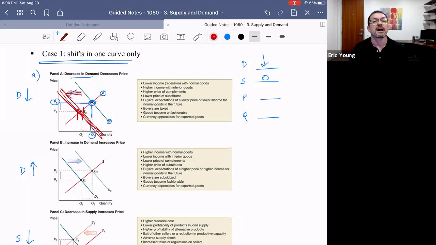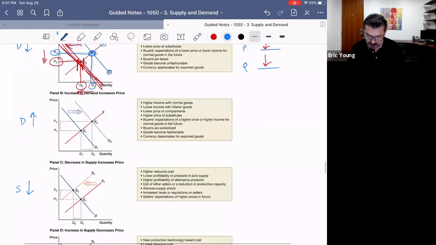Remember, supply and demand form equilibrium. If one of the curves changes, the original curve is dead and the original equilibrium is dead, and the new curve and the new equilibrium are what we're going to analyze. So we're going to put in N for new, and we're going to drop it down and take it across. And we can see clearly that when demand goes down, the price goes down and the quantity goes down. And that's our first example.